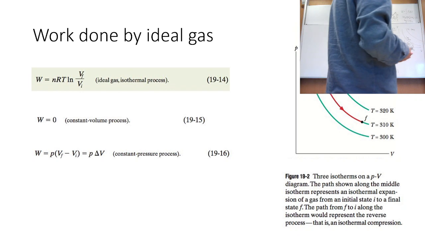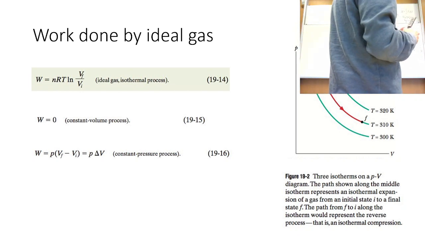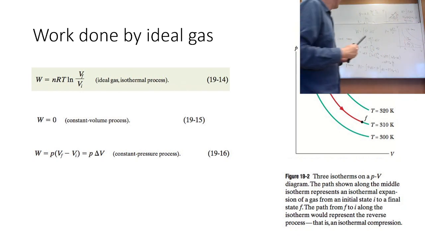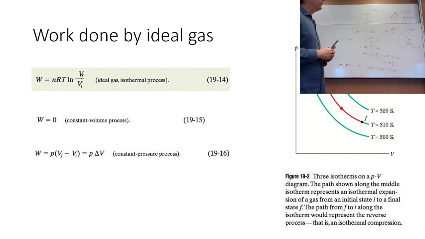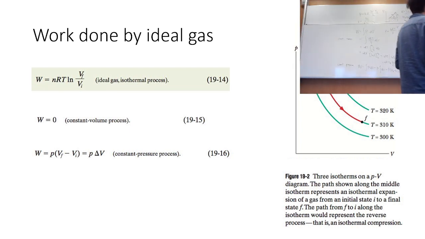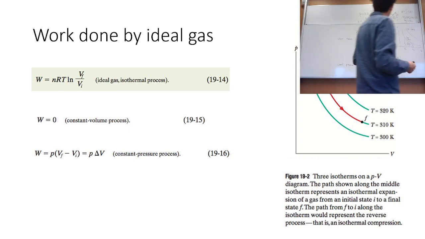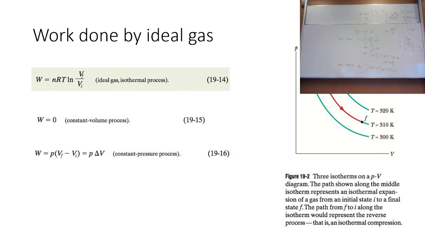We can just take the difference of the volumes. I think this one maybe also appeared before, but the new one here is the constant temperature one. Combining the ideal gas law, we can actually get an explicit relation for the work.